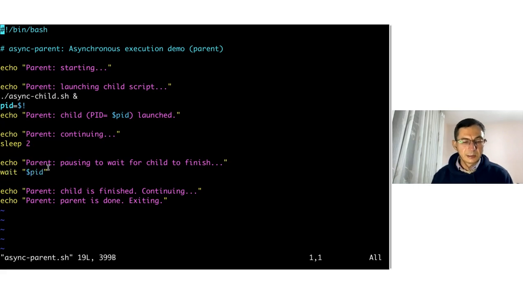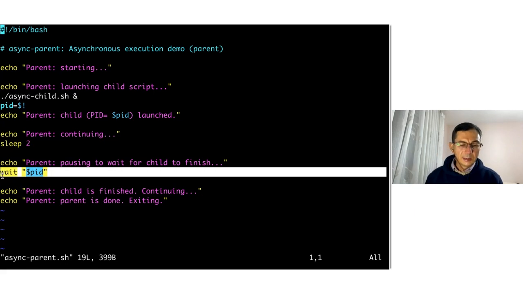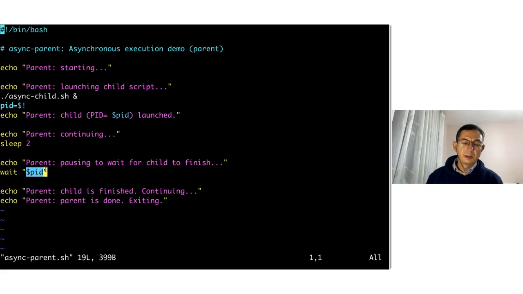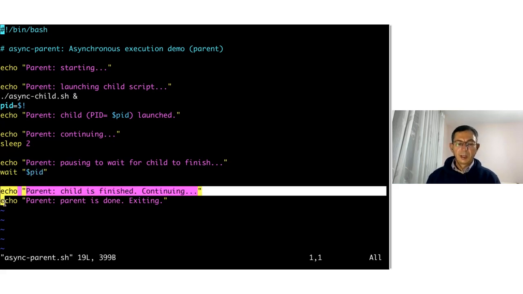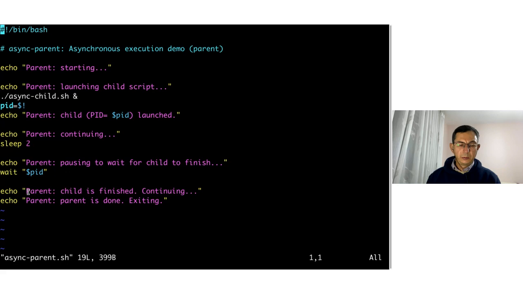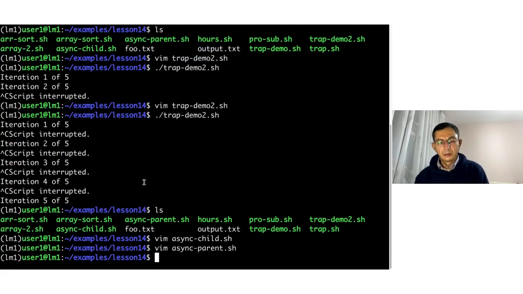At this moment, this script will be waiting for the other script to terminate. Once that script is finished, it will continue and print these two other messages: "child is finished, continuing" and "parent is done, exiting".